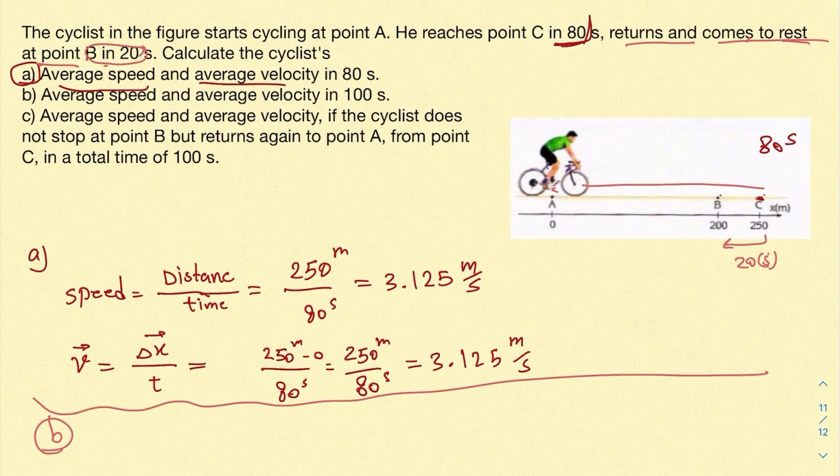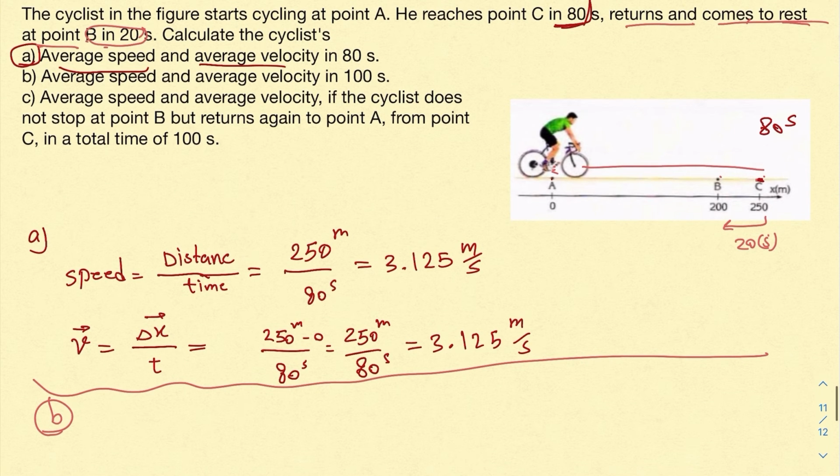During this travel from C to B, the time interval is 20 seconds. So I will write speed again is equal to, velocity is equal to. Here again I will write 100 seconds, because we are going to find the 100-second speed and velocity.